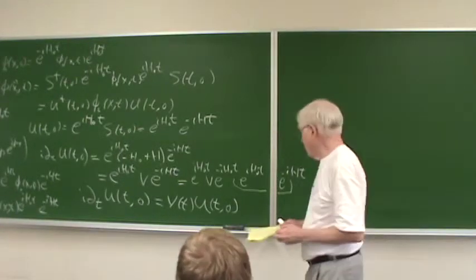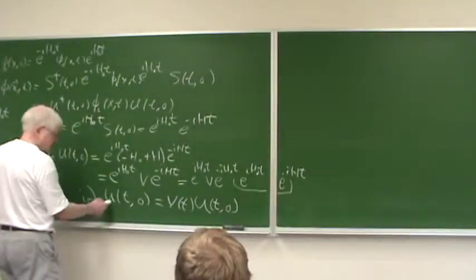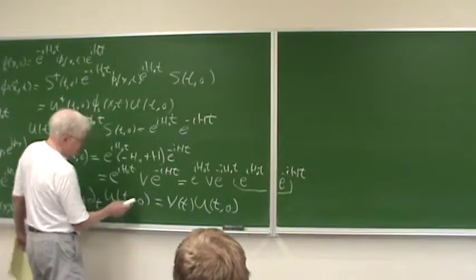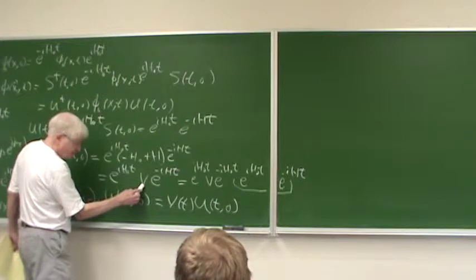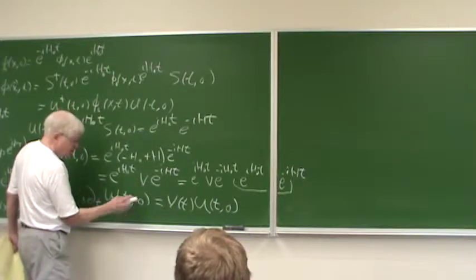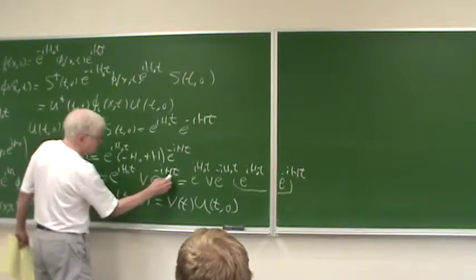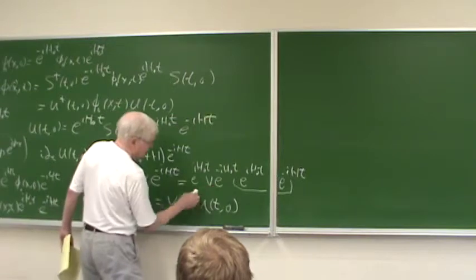All right, so what do we have here? We have a nice differential equation. i d by dt of u is v of t u, and v of t is just the interaction Hamiltonian potential. But, oh, this is a zero here. Oh, no, that's not a zero. It's a zero here.